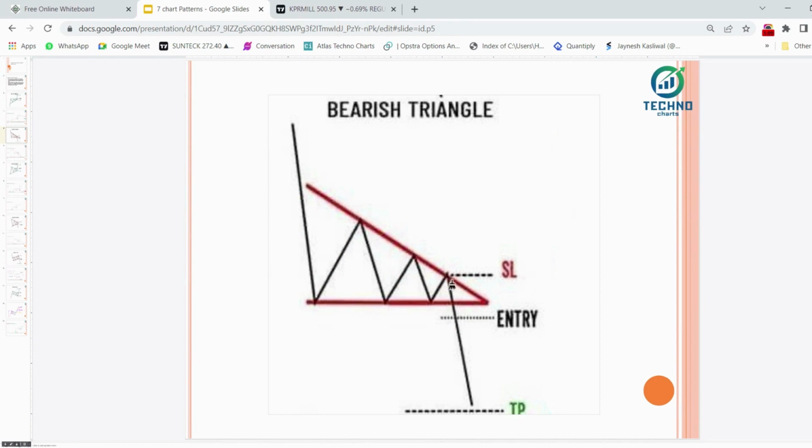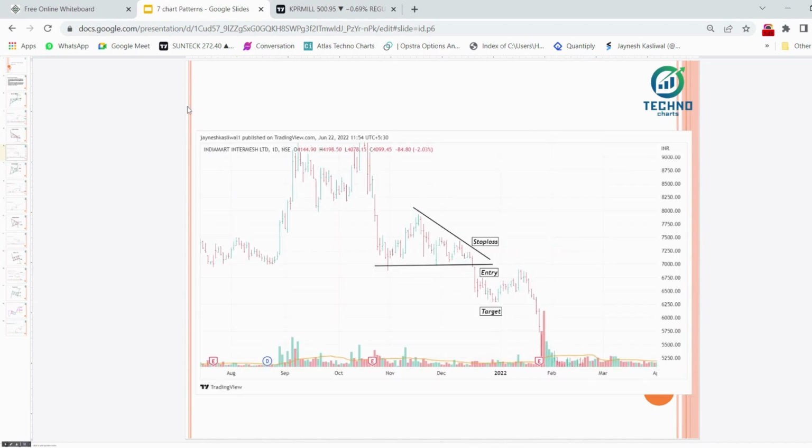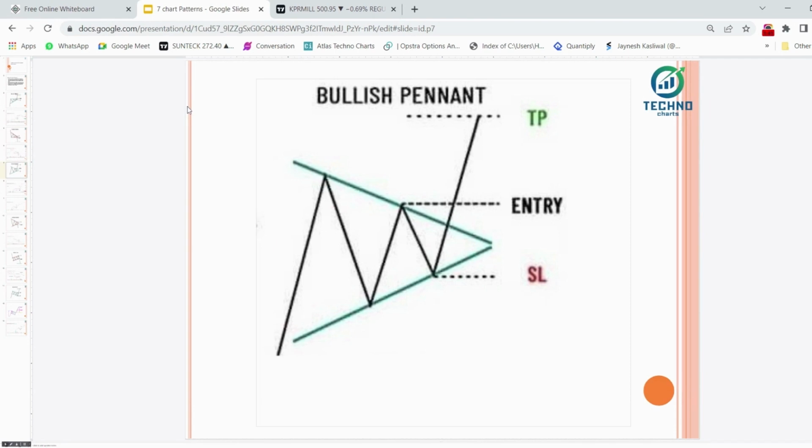Here we'll have an area of resistance, and here you will have an area of support in the chart. And then we can say that this is a bearish continuation pattern where firstly there will be an initial downtrend, then there will be a consolidation, or you can say a contraction, and then there will be a continuation, right?